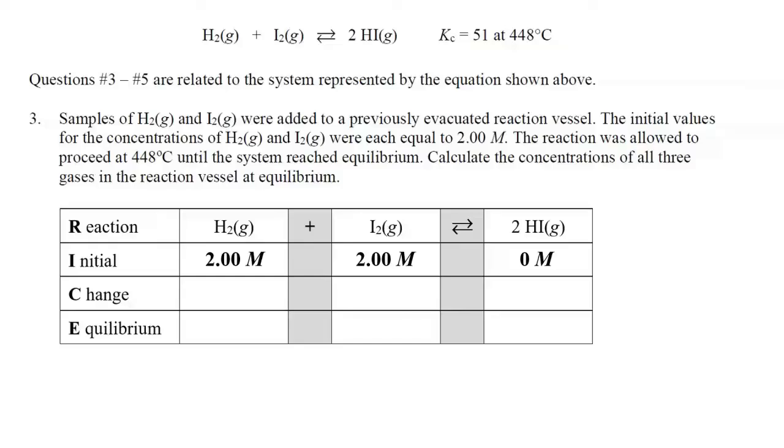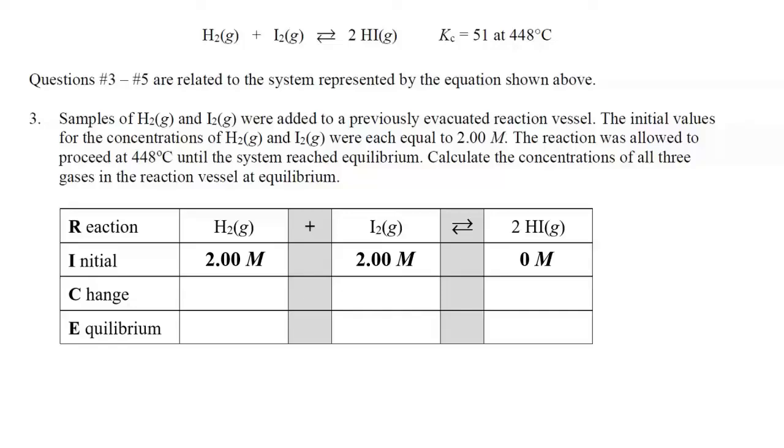Now, the reaction was allowed to proceed at 448 degrees Celsius until the system reached equilibrium. Calculate the concentrations of all 3 gases in the reaction vessel at equilibrium. Since we start this reaction without any hydrogen iodide, the product, we know that the reaction must proceed from left to right, from reactants to products, because there aren't any products to begin with at time 0.